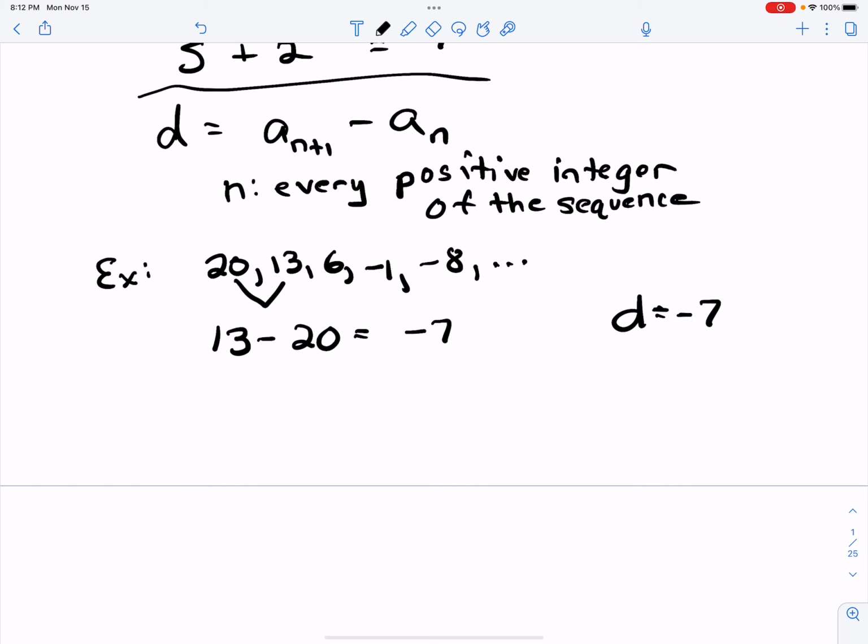You'll find that we like to use lowercase d to mean common difference. I mean, if you took -8 minus -1, you would still get -7. So any two consecutive terms, the right minus the left, give you that common difference.